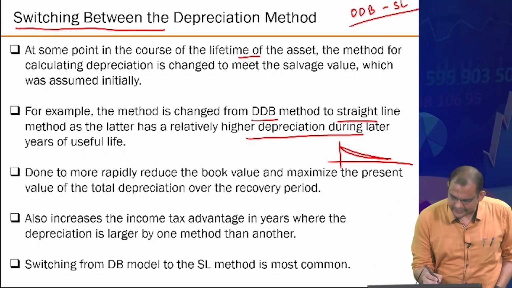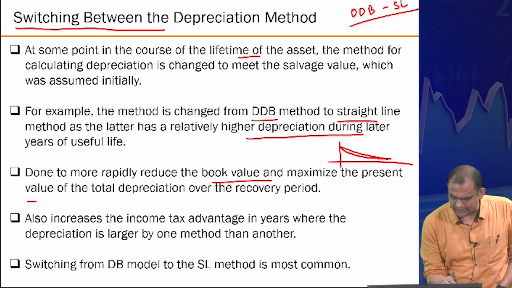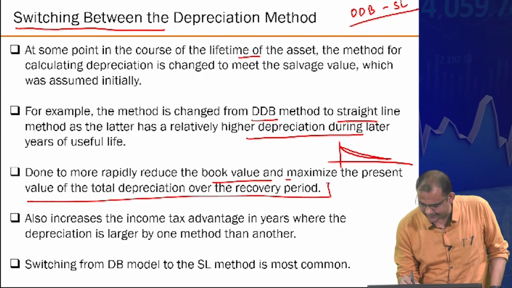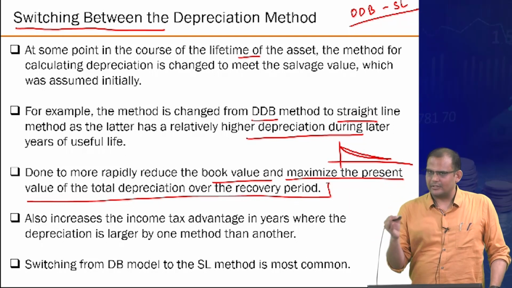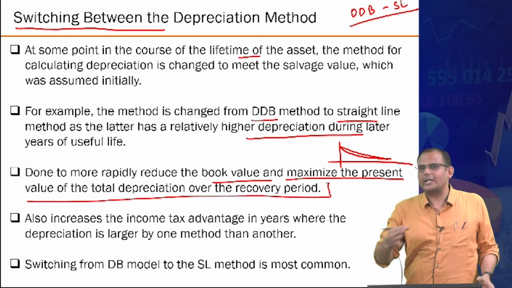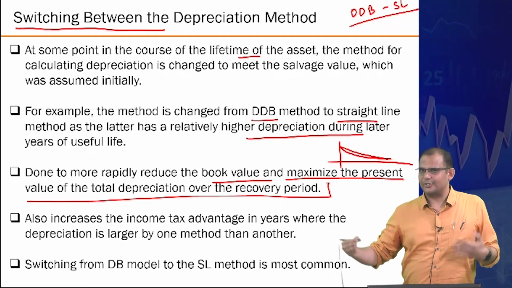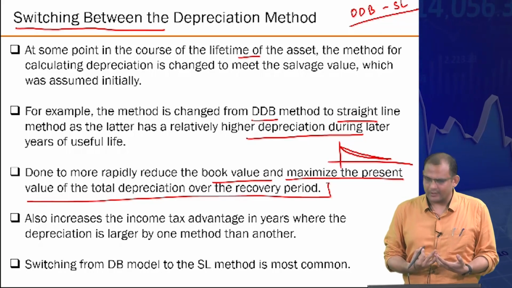This is basically done to more rapidly reduce the book value and maximize the present value of total depreciation over the recovery period. The concept remains the same. You switch when it makes sense, and making sense means that the present worth of your total depreciation over the entire period should be maximized. That's where you get the maximum tax benefit as a company, right?